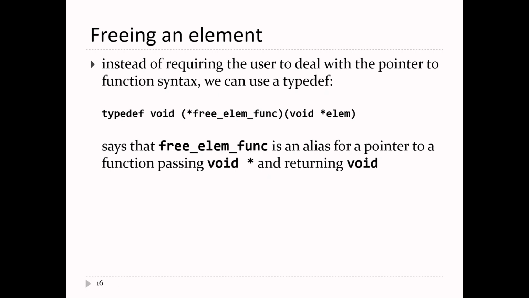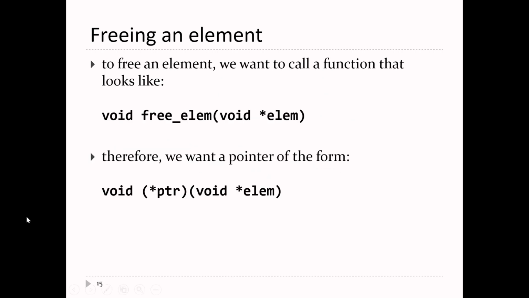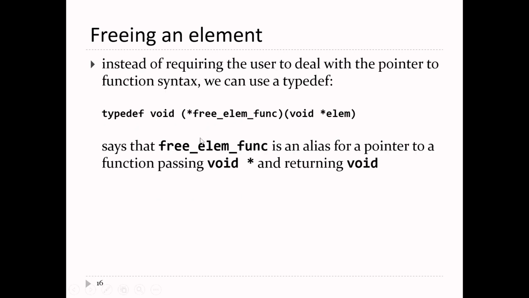Again, instead of making people write this all the time as their type, you can provide a typedef. So free_elem_func is just an alias for a pointer to a function that returns void and takes in a void star pointer, a void pointer to an element.